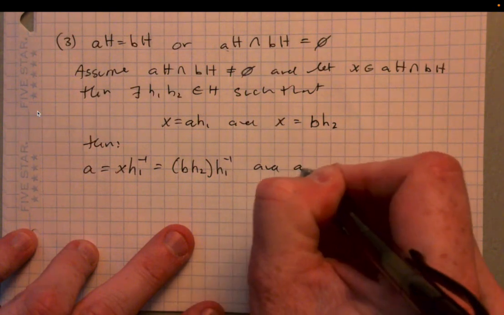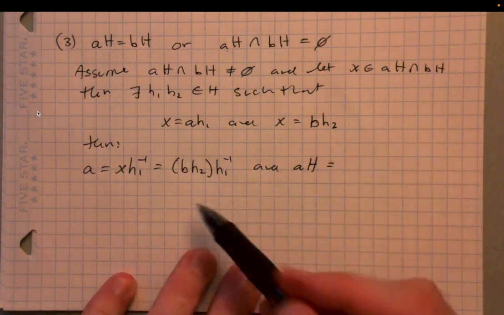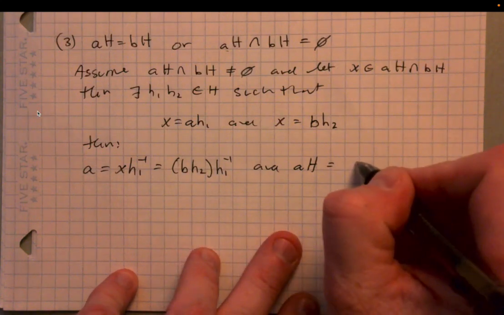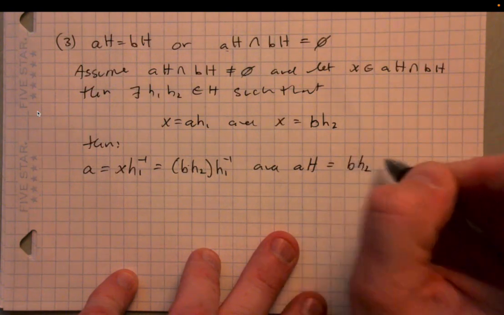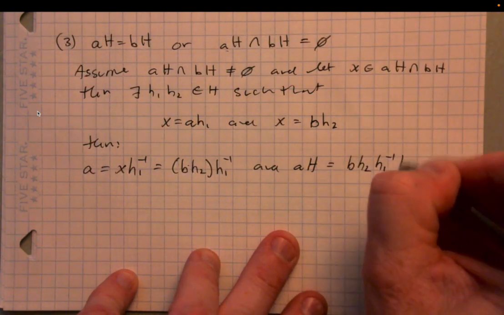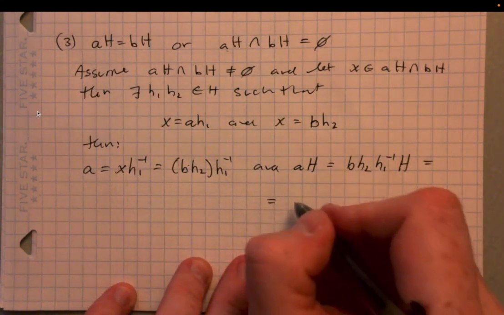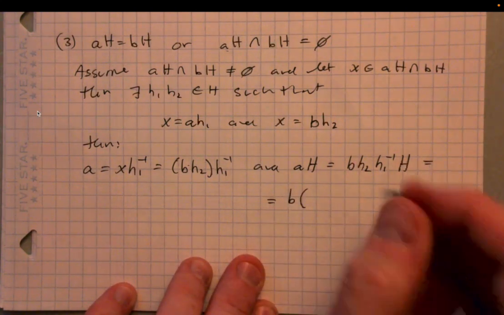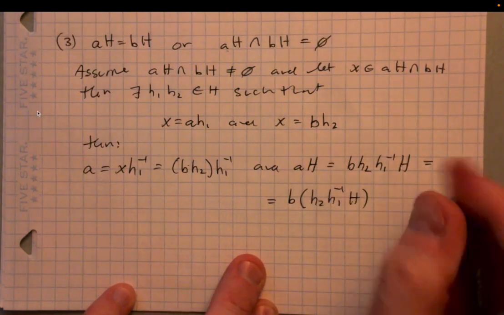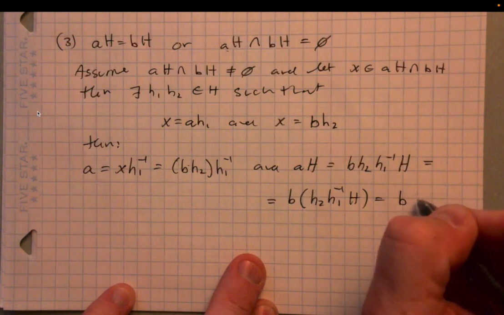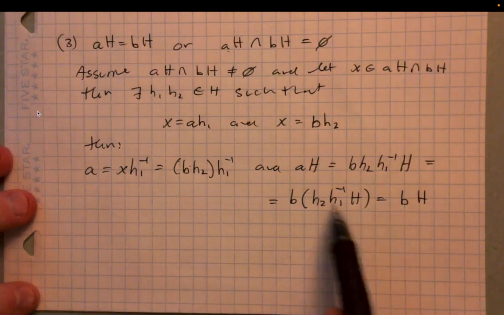And A times H is equal to, let's see, B, yeah, so this mess here times H, which would be equal to B times H2 H1 inverse H, which is equal to B times H. Now, what am I doing here? Hold on.